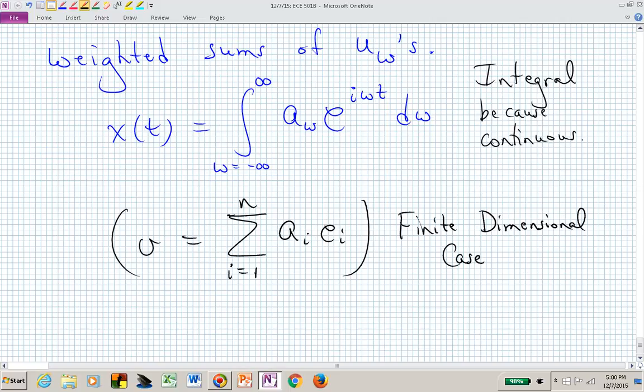The a sub i's are now the a sub omegas. But what are those a of omegas? That's what we've been calling the Fourier transform of little x of t, maybe in earlier classes.